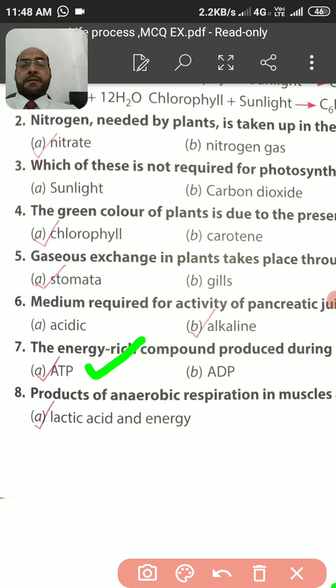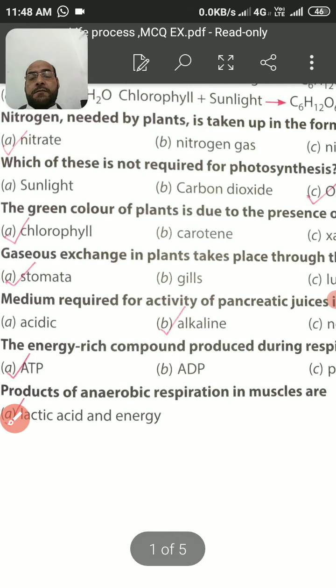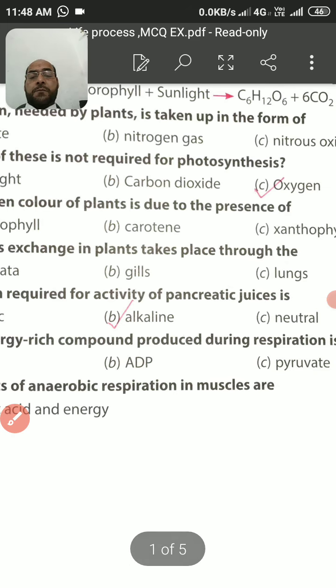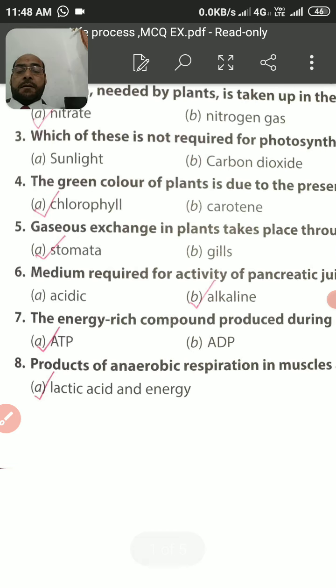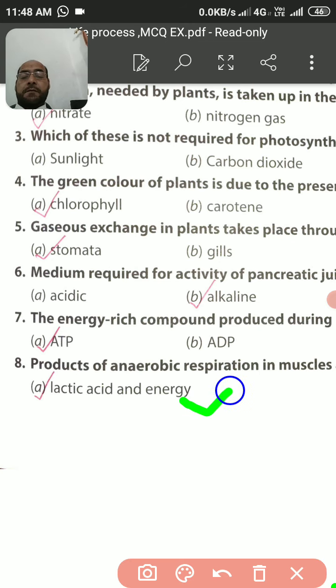Come to the next, question number 8. It says the products of anaerobic respiration in muscles are lactic acid and energy. My dear students, this is called lactate fermentation. What happens during this process?